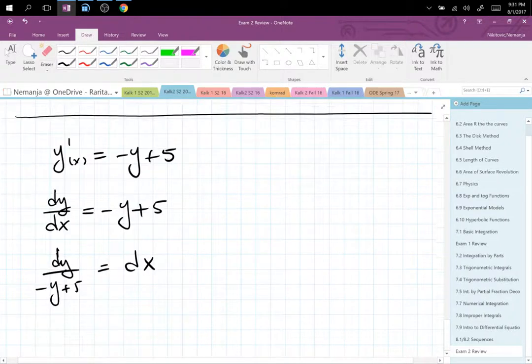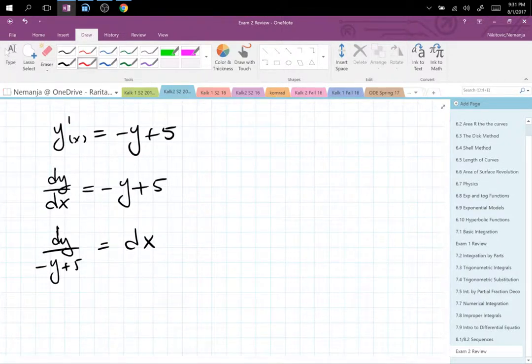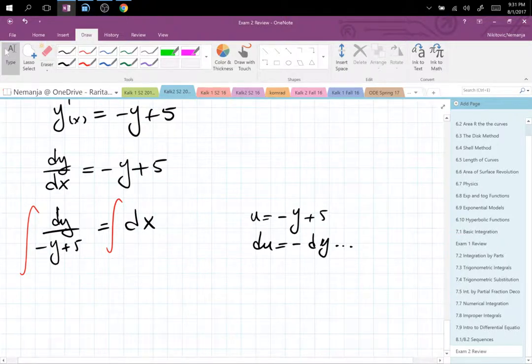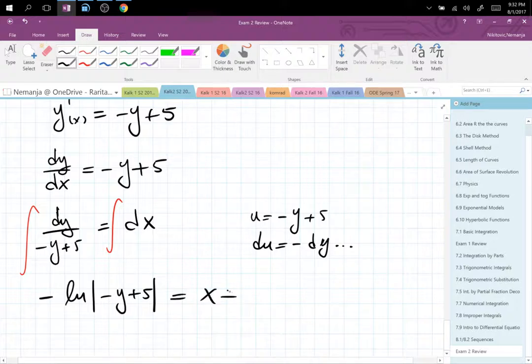Now we integrate both sides. And when you integrate both sides, if you're using the u sub, there will be a negative that pops out. So u equals negative y plus 5, du equals negative dy, and so on. So the answer will be negative ln absolute value of negative y plus 5 equals x plus c.